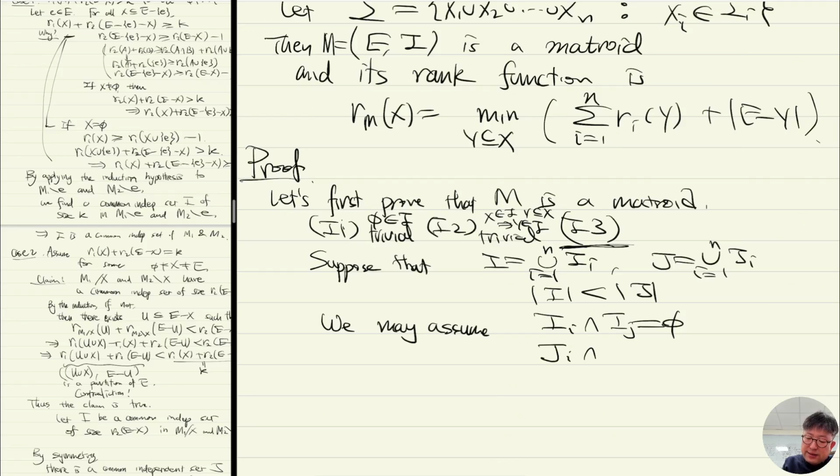And Ji intersection Jj is also empty for all i not equal to j.